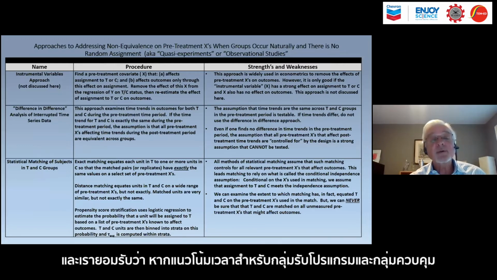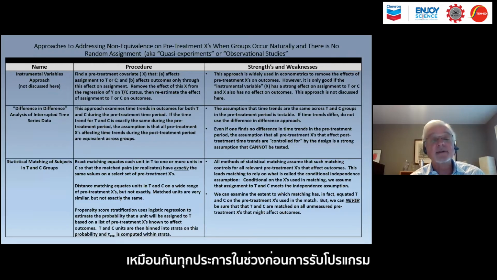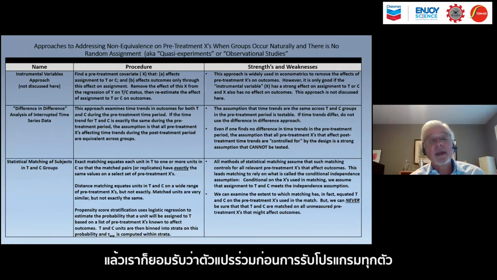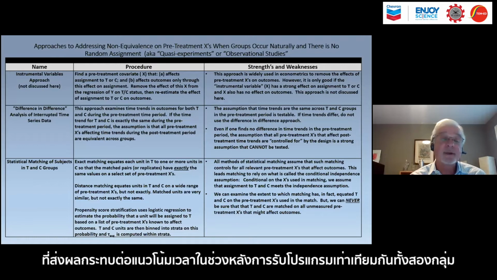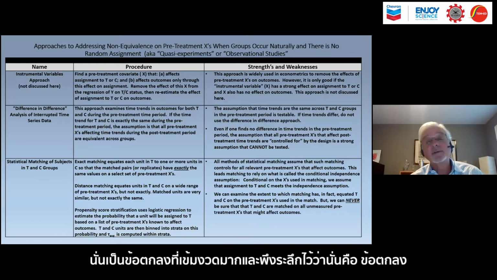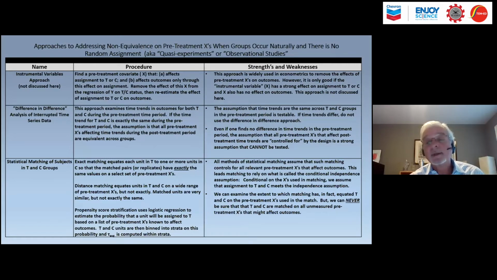And we assume that if the time trend for the treatment and control is exactly the same during the pre-treatment time period, then all pre-treatment covariates affecting time trends during the post-treatment period are equivalent across groups. Now that's a strong assumption, and it is worth remembering that that is the assumption.